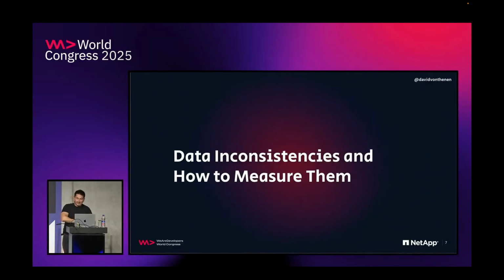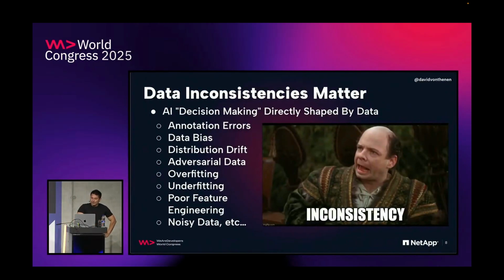So data inconsistencies. We'll talk about how to measure them, and we'll talk about some popular ones that tend to happen out there in the real world. Our AI and ML systems are directly shaped by the data. Now, this is a list of things that possibly can go wrong with your data, and this is not a complete list.